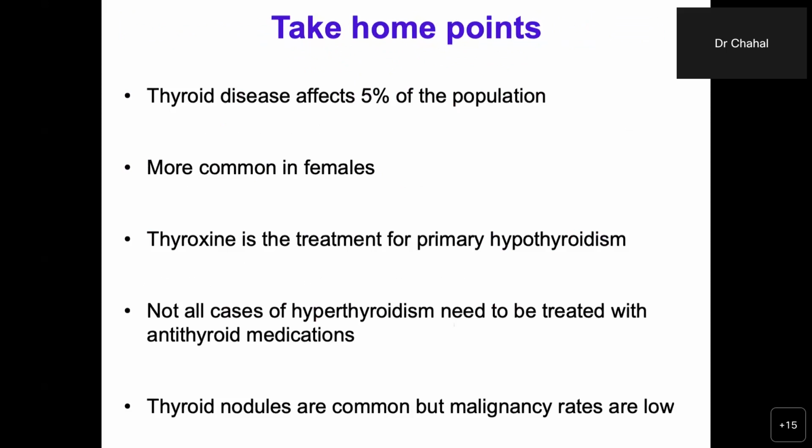If you have a patient with primary hypothyroidism, then levothyroxine is the treatment option. If your patient has thyroiditis, remember, maybe just monitor that patient to see where the thyroid hormone levels are going. And thyroid nodules are more common than you may think, and the majority of them are totally benign.